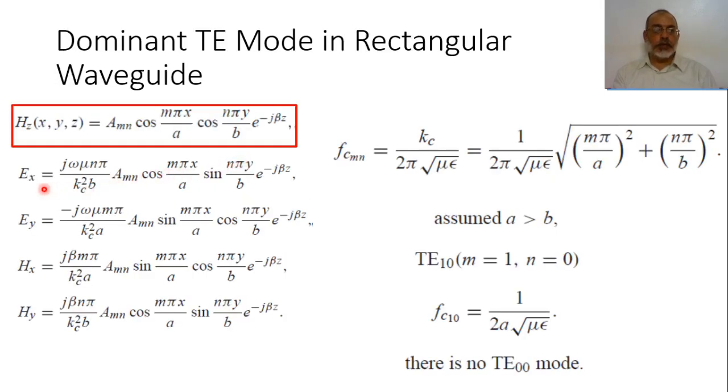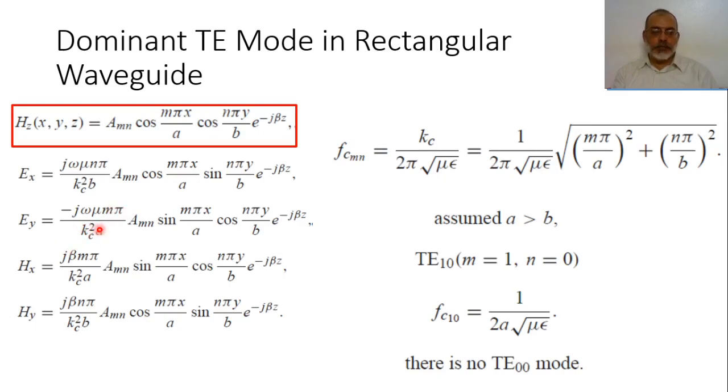In this case, Ex and Hy are 0, and Ey and Hx would involve minus j omega mu pi over a over kc squared, and it should be noted that kc squared in this case would be (pi over a) squared.